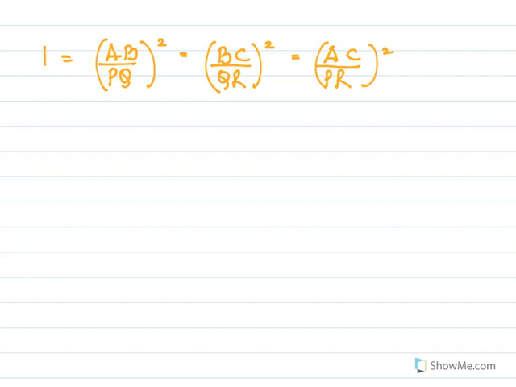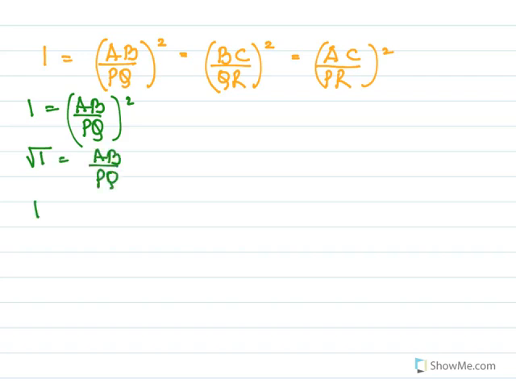So this is what we had got in our earlier slide. Let us take one ratio at a time. First we take 1 equal to AB over PQ the whole square, which means square root of 1 equals AB over PQ. So 1 equals AB over PQ, so PQ equals AB. This is one part.